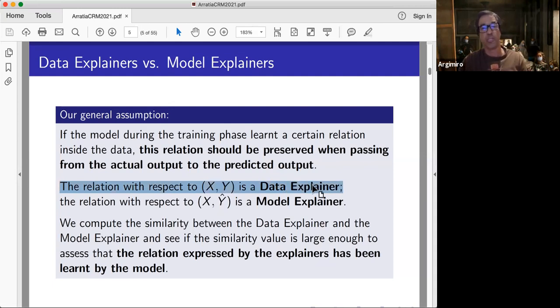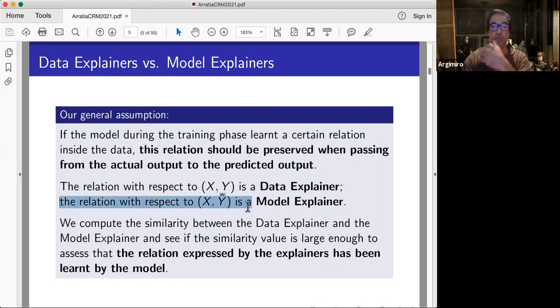So the measures that we get from looking at the relation between the inputs and the output should be similar to the measures that we get from our model explainer. That is, the ones that give us some coefficients and values that tell us something about the relation between the inputs and the estimated output.